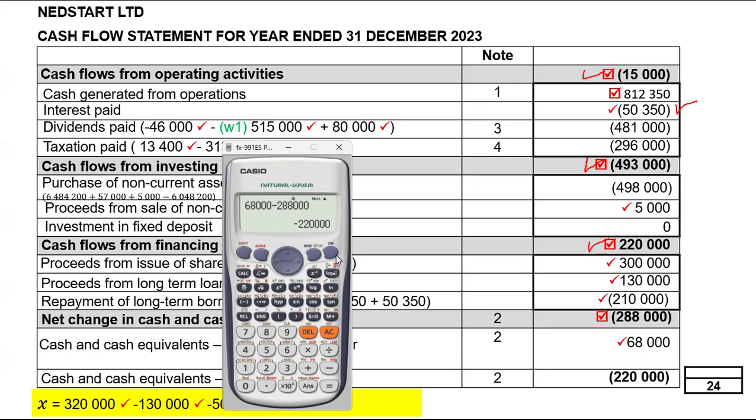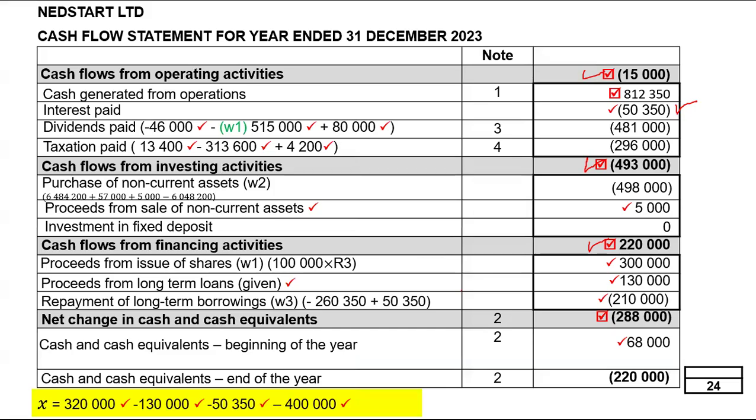Okay. And that's why your cash and cash equivalent at the end of the year is 220,000. And that's it. I just added additional things to this question, just to make sure that everything is complete. And this will be November 2016, paper 1 IEB.